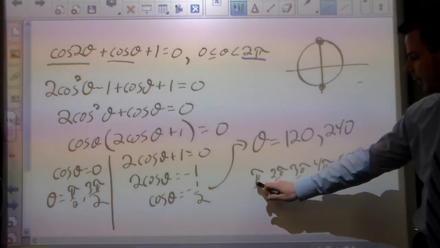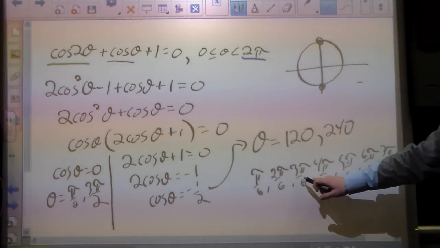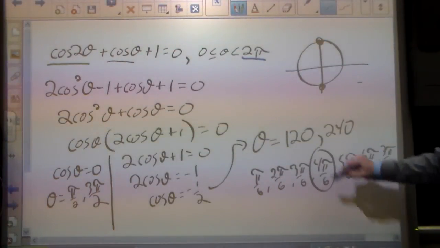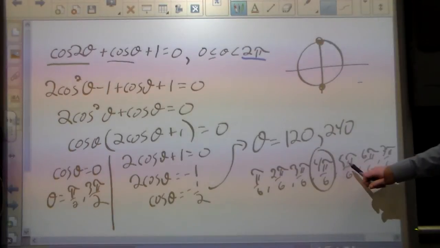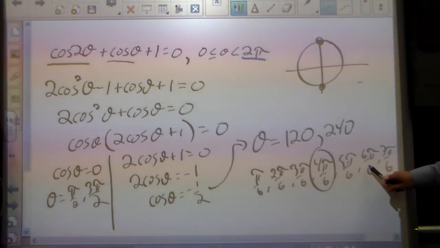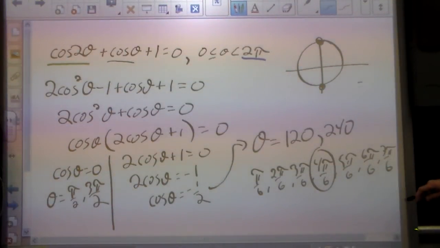So this is 30, 60, 90, 120, 150, 180, 210, and another pi over 6 would be 240, so that's 8 pi over 6.